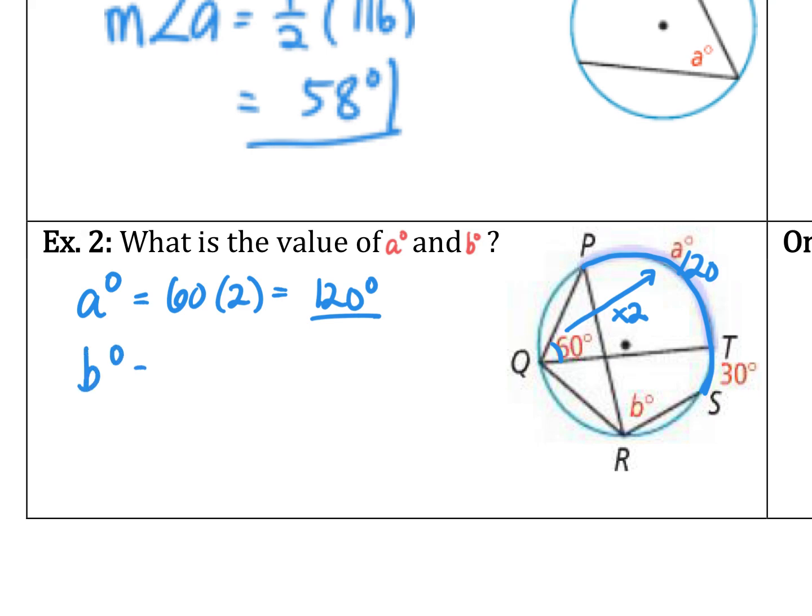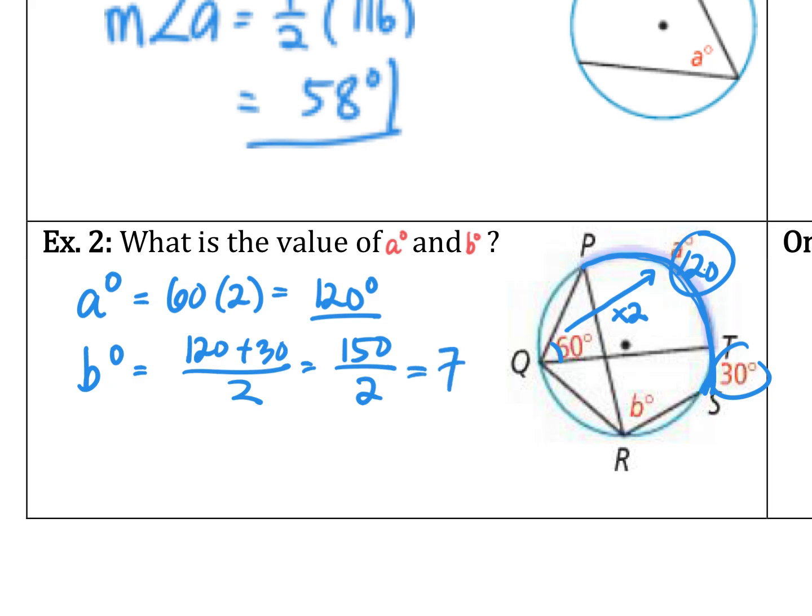So B is going to be 1/2 of the total arc, which is 120 plus 30, divided by 2. So 150 divided by 2, and the measurement of that angle is actually 75 degrees.